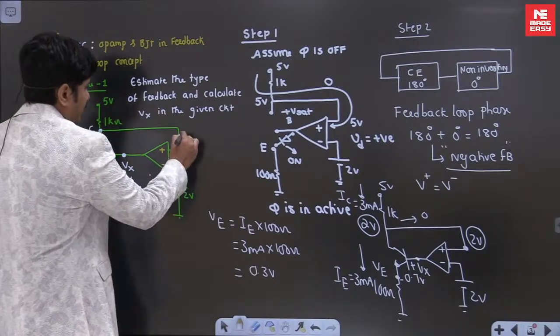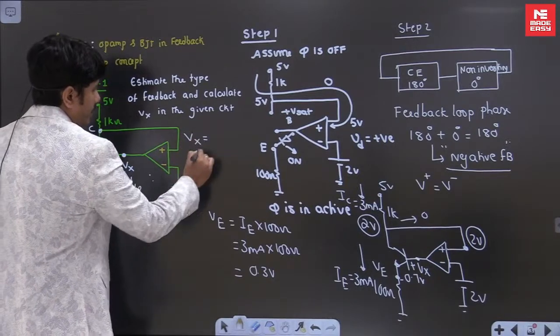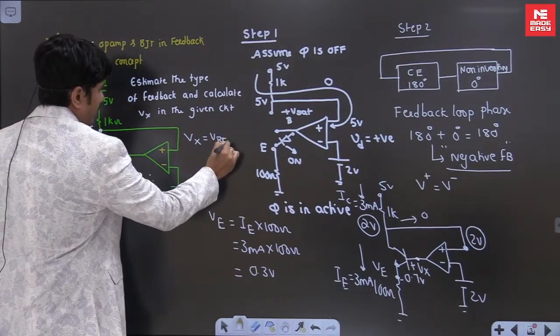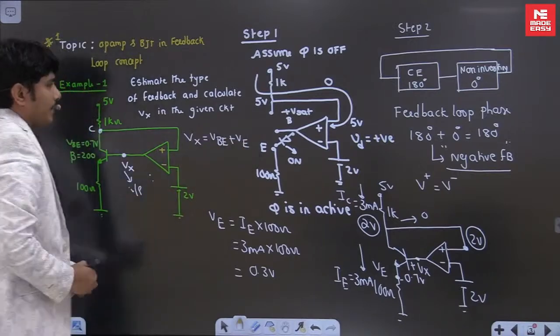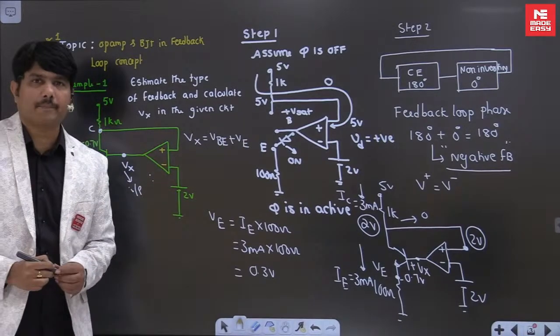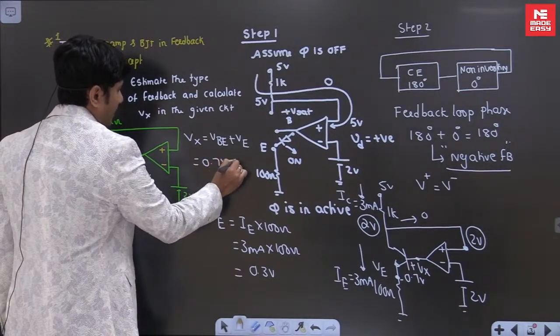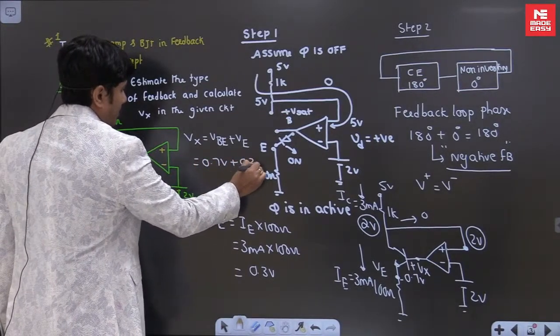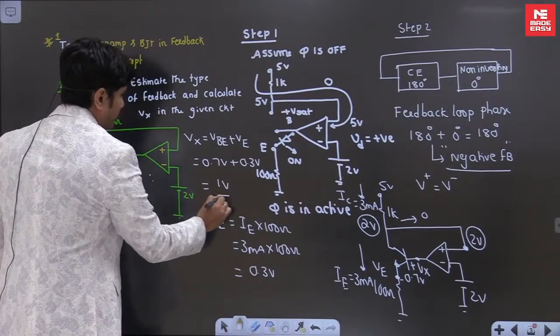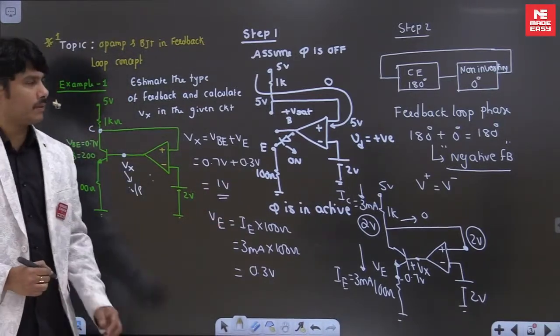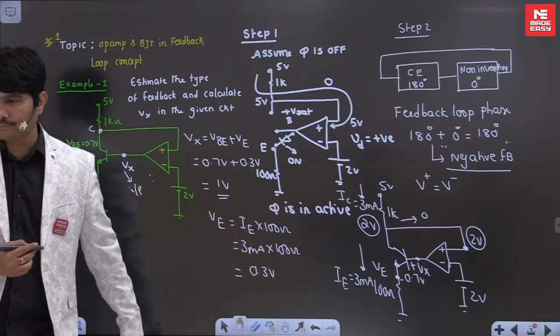Vx is VBE plus VE, which gives the answer. VBE is 0.7 and VE is 0.3 volts. Finally, the answer is 1 volt. This is the way this type of question can be solved.